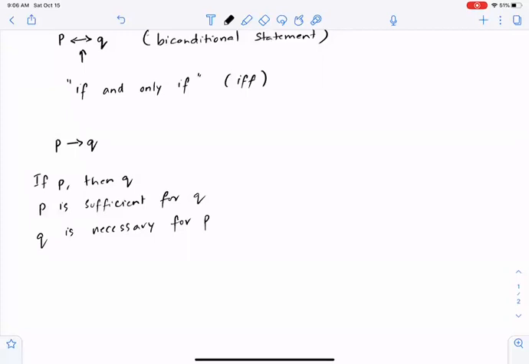So we're just flipping it and writing it as if Q, then P.